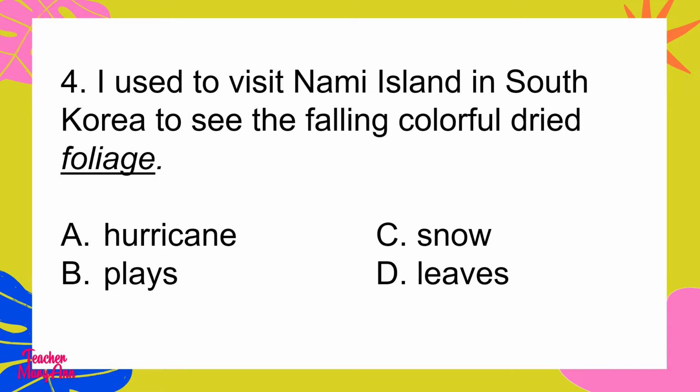Number 4. I used to visit Nami Island in South Korea to see the falling colorful dried foliage. What is the meaning of the word foliage? A. Hurricane. B. Place. C. Snow. Letter D. Leaves.